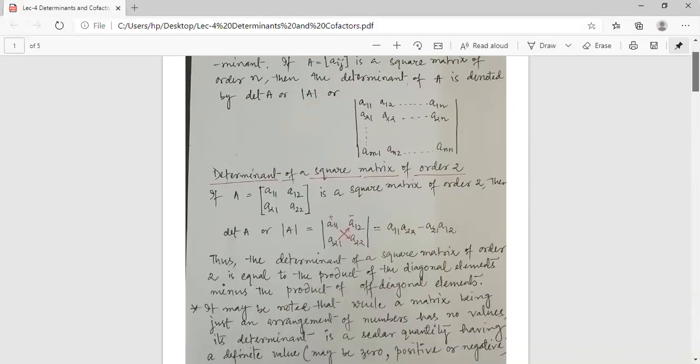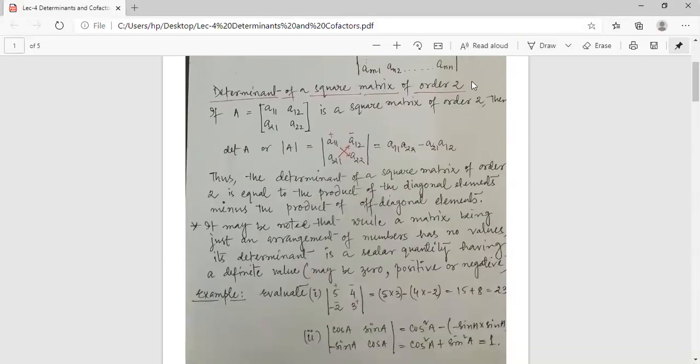Let us find how to find the value of the determinant of a square matrix of order 2.